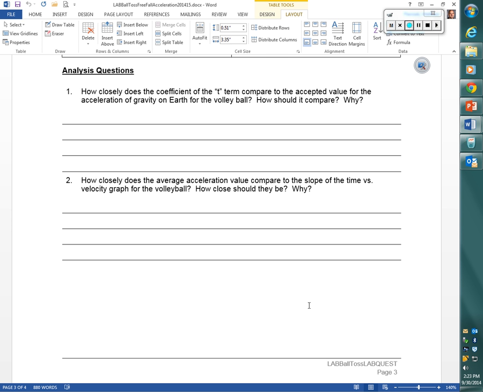So how close are they? Pretty close. Why? What are they both telling you? They're both telling you acceleration, right? Those are just two different ways of calculating acceleration. So if we're using the same graph, the same motion, what should we find out about those two numbers? They should be the same, hopefully. Good there?